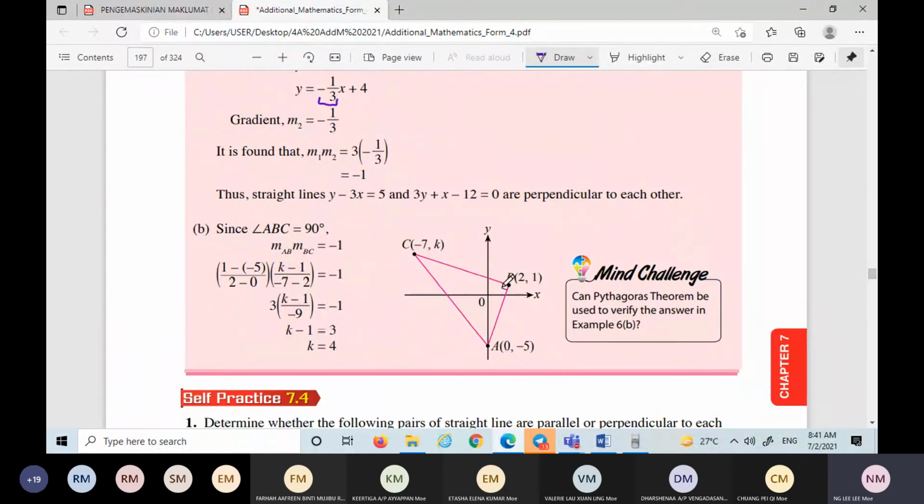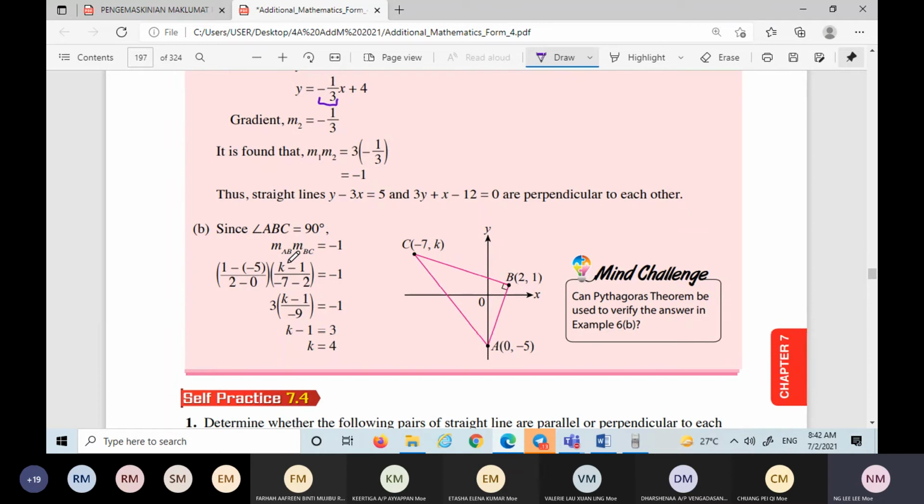If here is 90 degrees, it means AB and BC are perpendicular. If AB and BC are perpendicular, it means the gradient of AB times the gradient of BC gives you negative 1. So this is how you start: gradient of AB times gradient of BC equals negative 1.